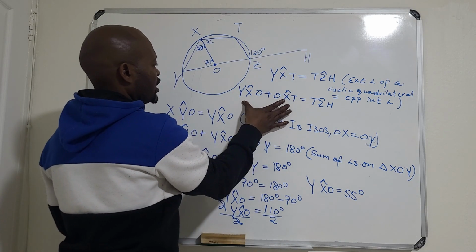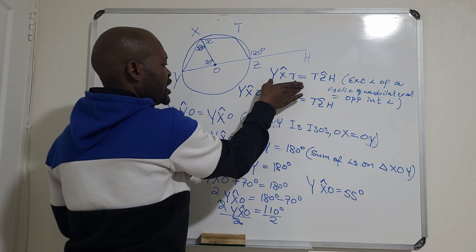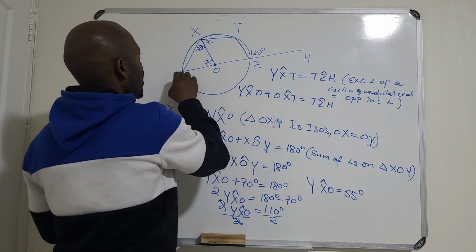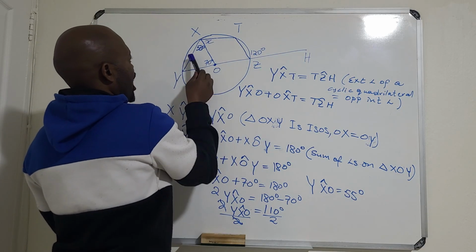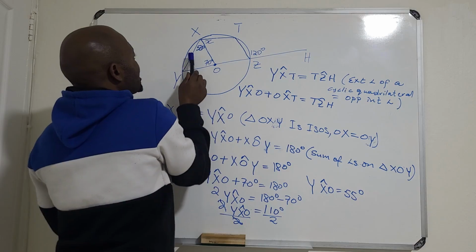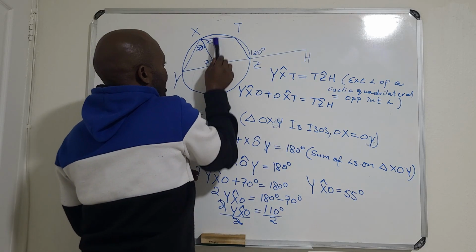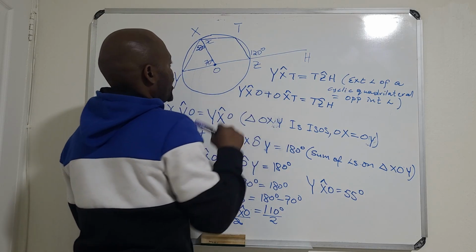This is equal to that. It's one and the same thing. This is equal to that, because angle YXT is the whole of this angle, and the whole of this angle is the same as this plus that. That is what you see there.